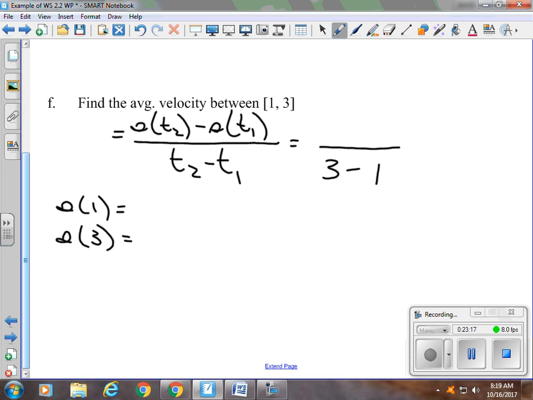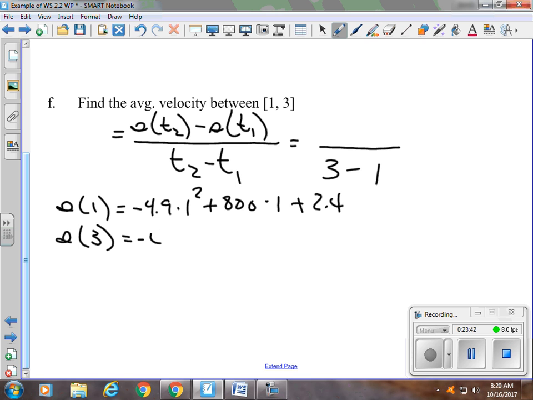Alright, so if you put in 1 into negative 4.9 times 1 squared plus 800 times 1 plus 2.4, what do you get? Because that'll be how many meters I've moved, my position, like how many meters off the ground I am.